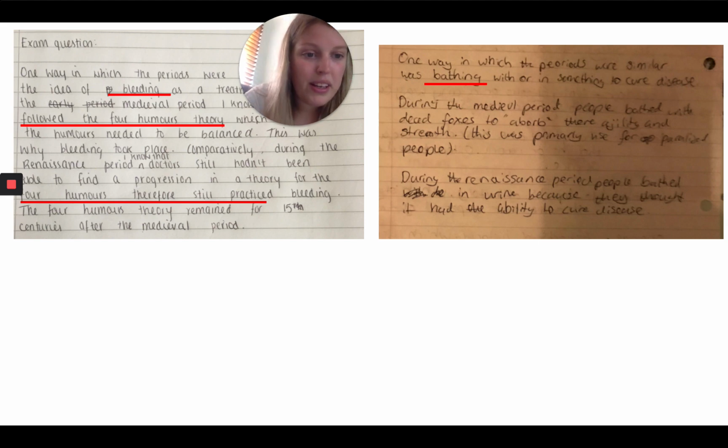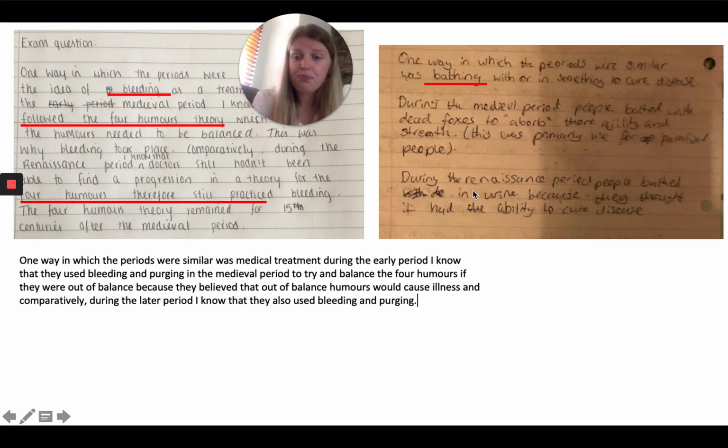This was primarily used for paralysed people. Okay, so that's really good knowledge there. During the Renaissance period, people bathed in urine because they thought it had the ability to cure disease. Okay, so there is a slight difference there, but it's the idea of bathing still being used. Okay, I like that a lot.